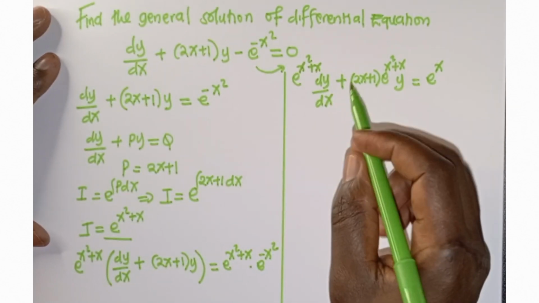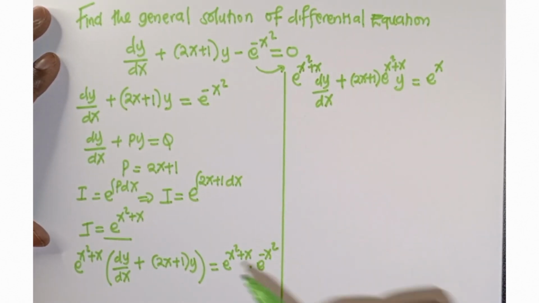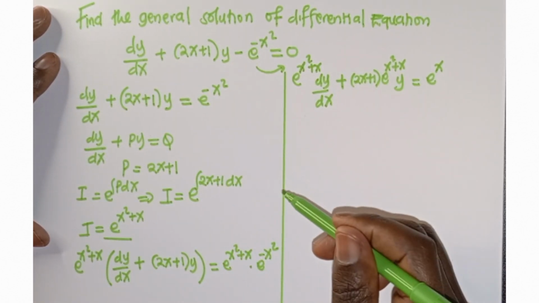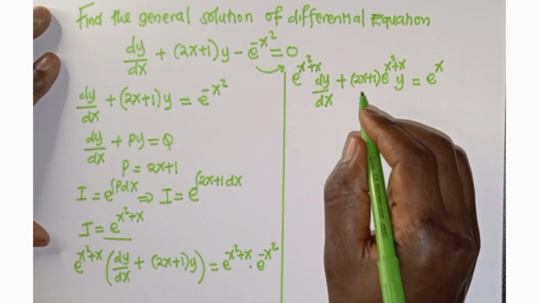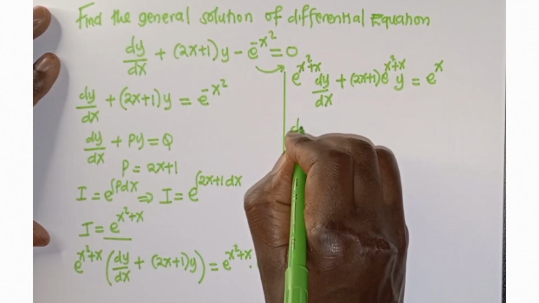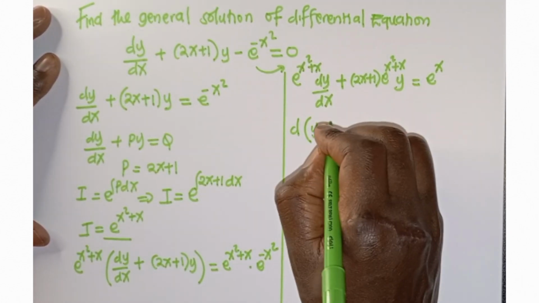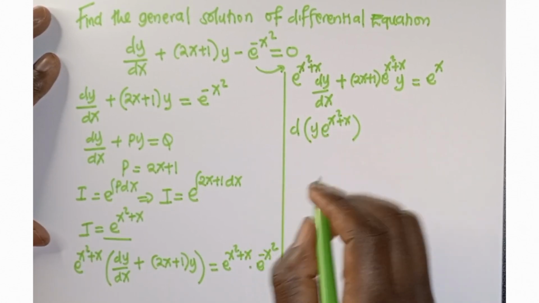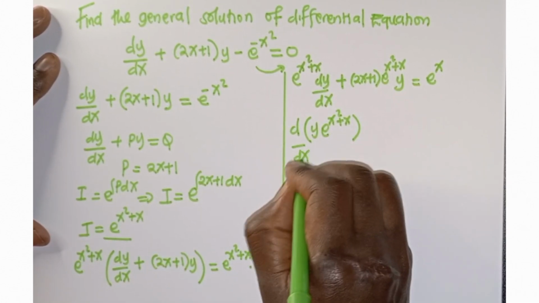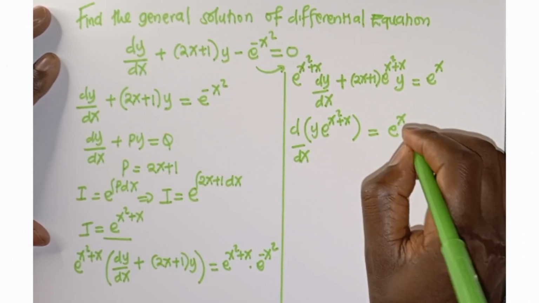So when you take this to exact, you can clearly see, if you haven't watched my video about exact equations, I'll put a link in the description, and then you can watch it. So this one ends up being d/dx of (y e^(x² + x)) equals e^x.